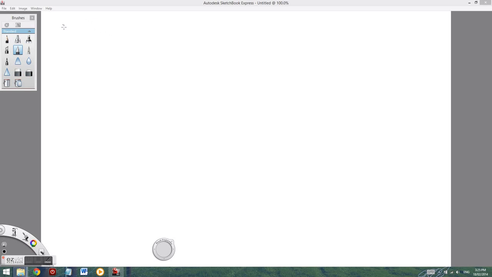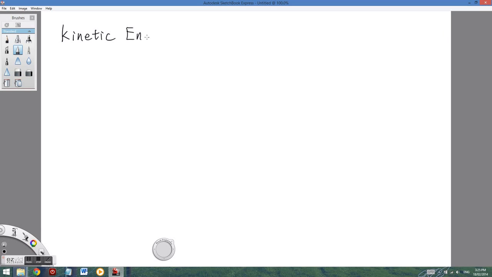Okay, the first thing we're going to start with is kinetic energy. You may have done that in year 11. Now, kinetic energy is the energy possessed by a moving object. So if an object is moving, it has kinetic energy.